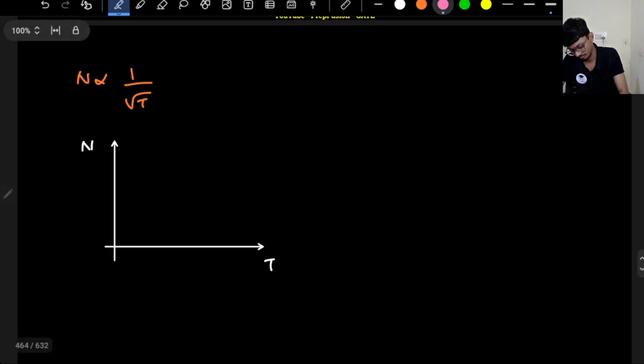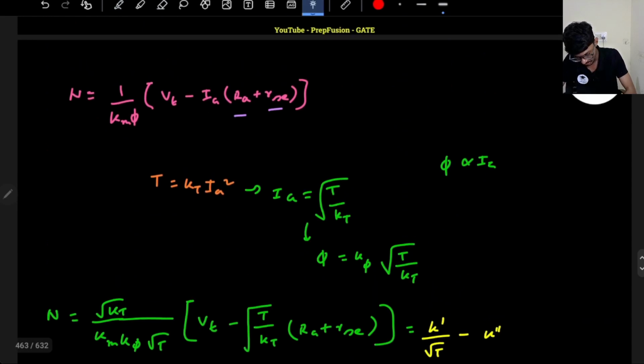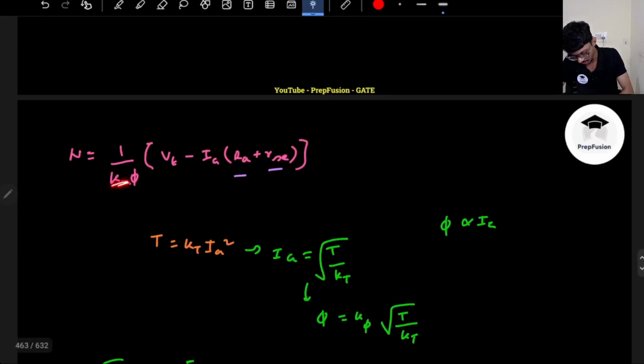So here the reduction will be somewhat like this, and what happens at higher loads, at higher load currents? If Ia is very high, then the flux is constant, and if the flux is constant then only we vary with Ia, and Ia is proportional to under root of T, right.